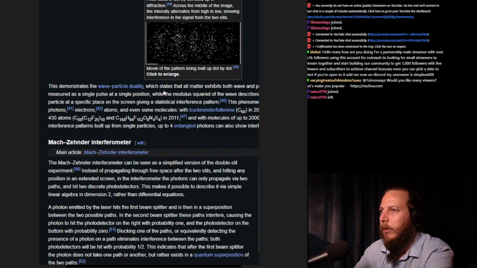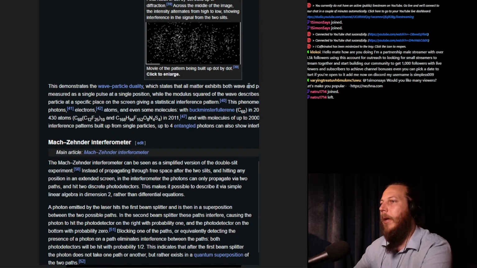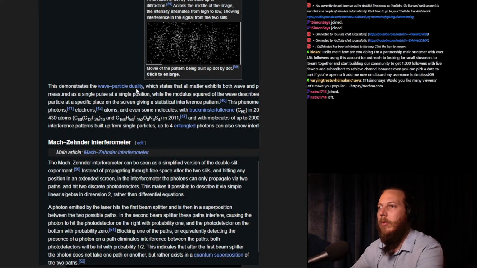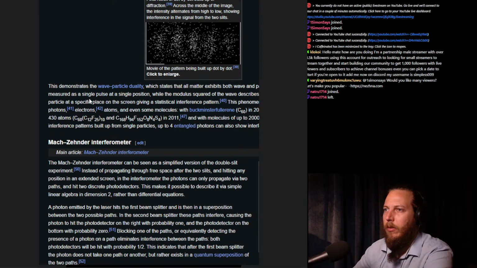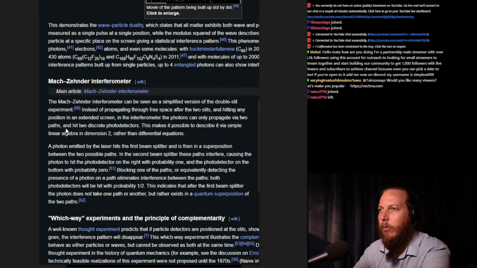Oh man. Okay, it restarted, which states that all matter exhibits both wave and particle properties. The particle is measured as a single pulse. And we are extending far beyond my understanding of quantum theory.